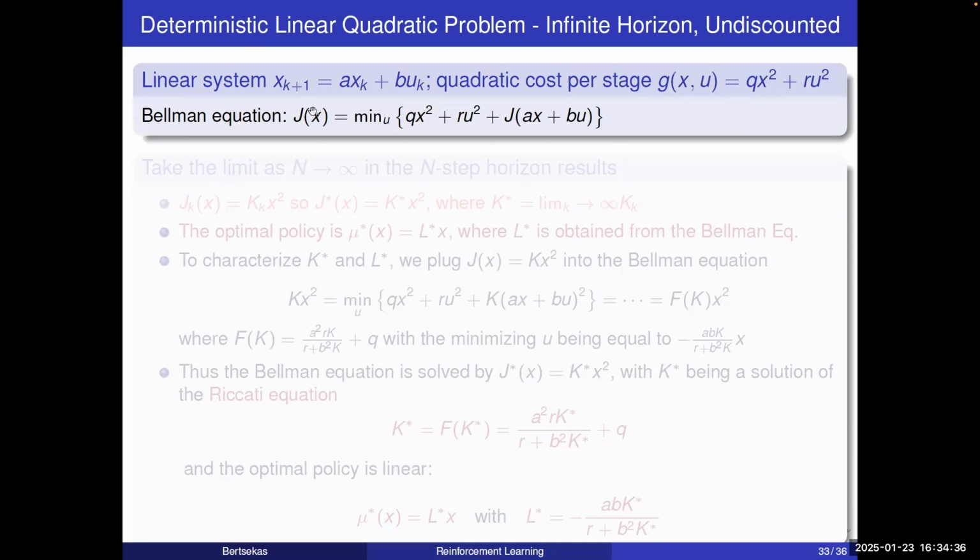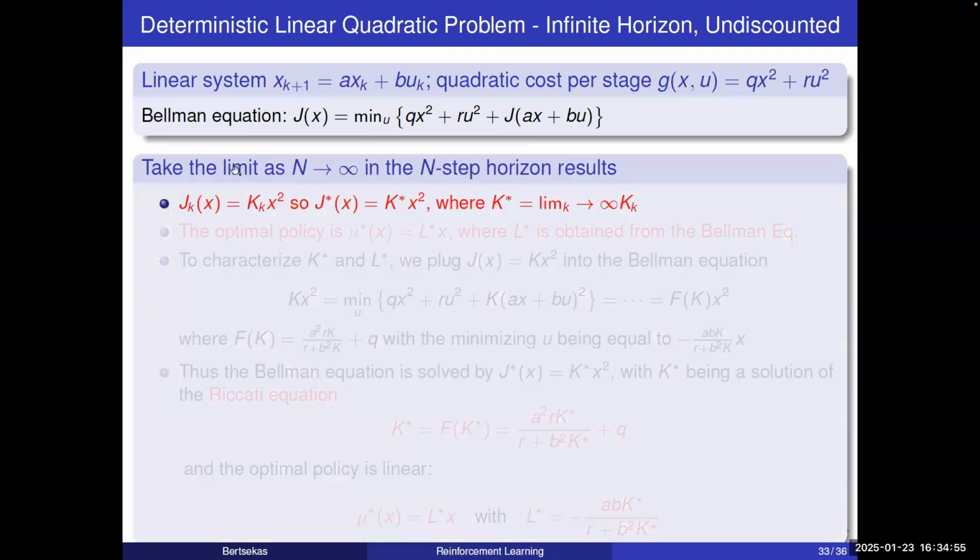The left-hand side and right-hand side involve the same function. There's no stage anymore. And the same function should satisfy this equation where u takes value in the real line as well.